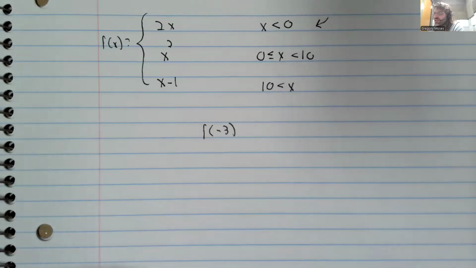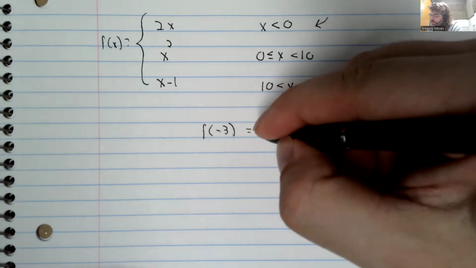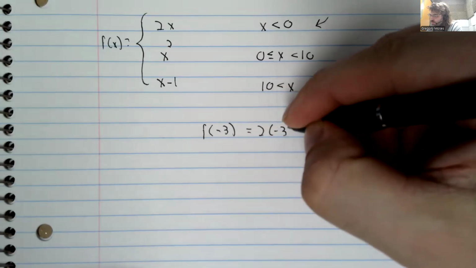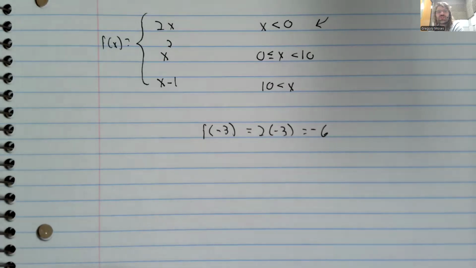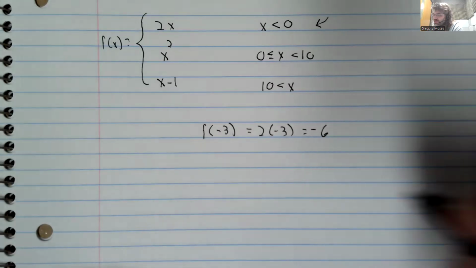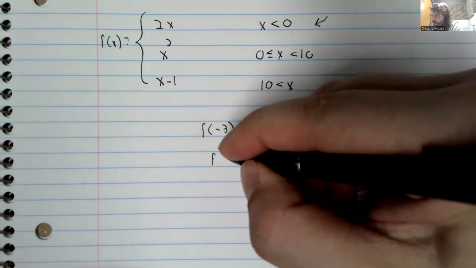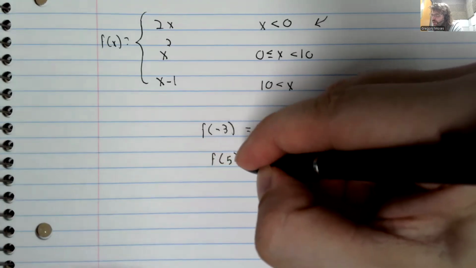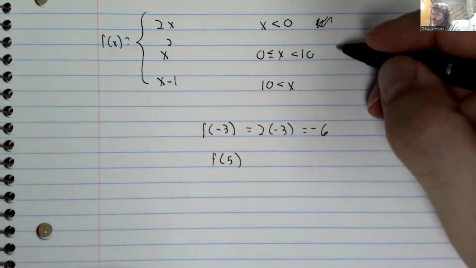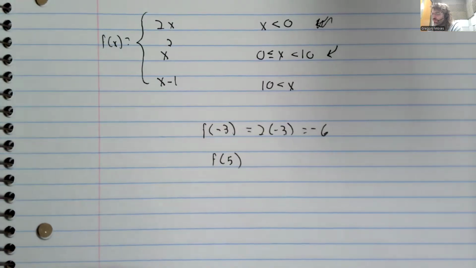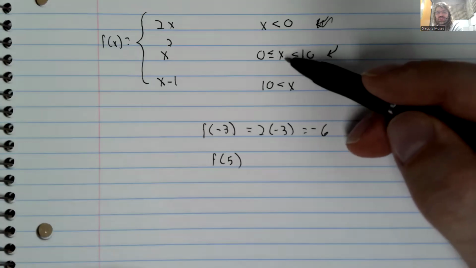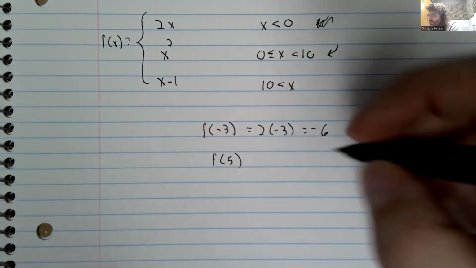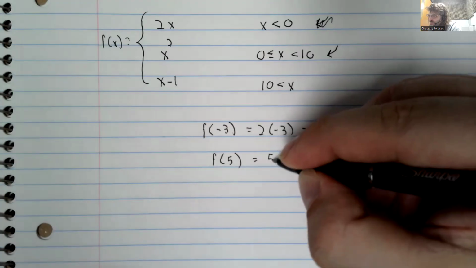And of course, -3 is less than 0. So we use that first piece. F of 5. Well, now 5 is between 0 and 10. Now our input is here, so we use the second piece.